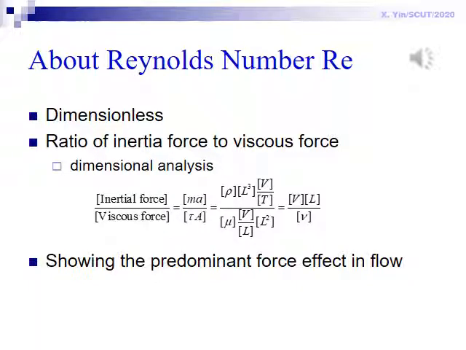The Reynolds number Re is a dimensionless number. You can analyze it by yourself. Its physical sense lies in the ratio of inertial force to viscous force. You can see that by the dimensional analysis shown on the page. So, if it's smaller than 2000, the predominant force is viscous force.